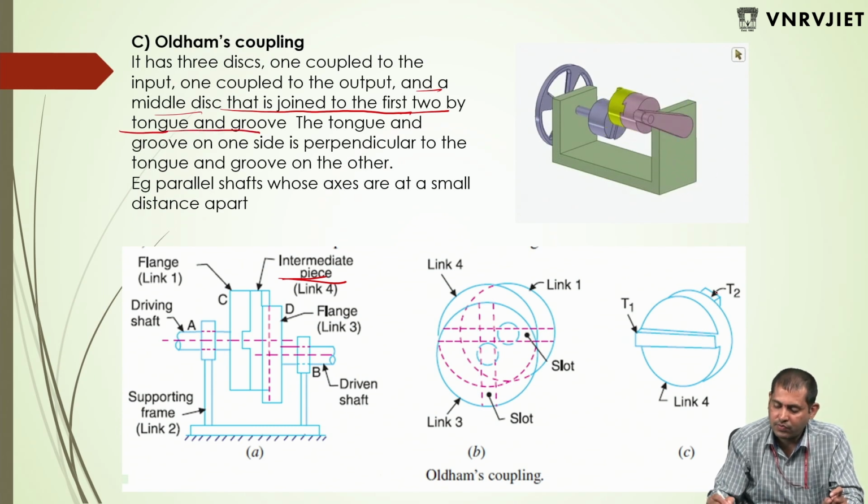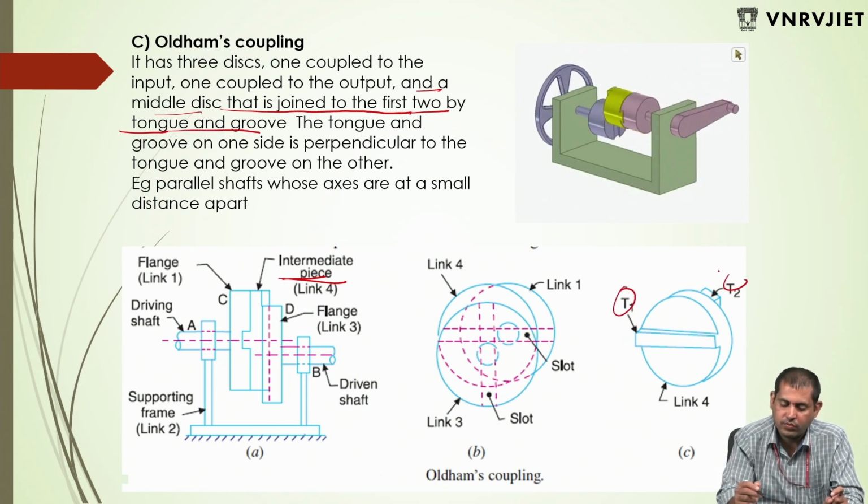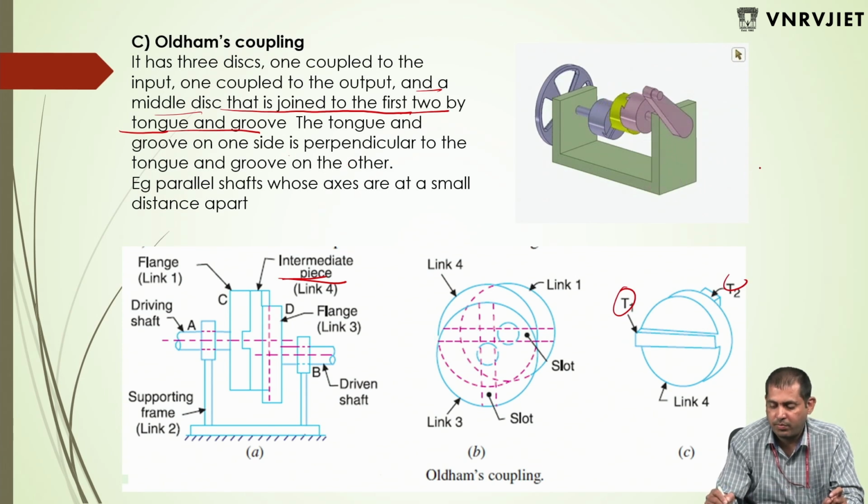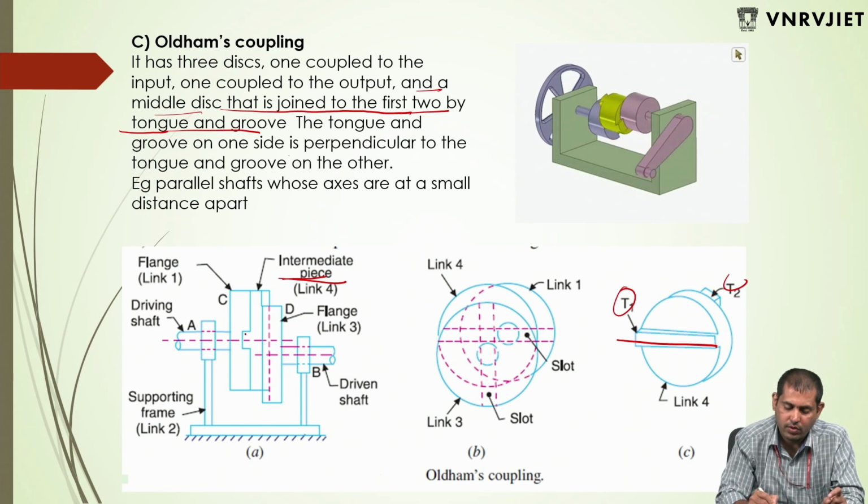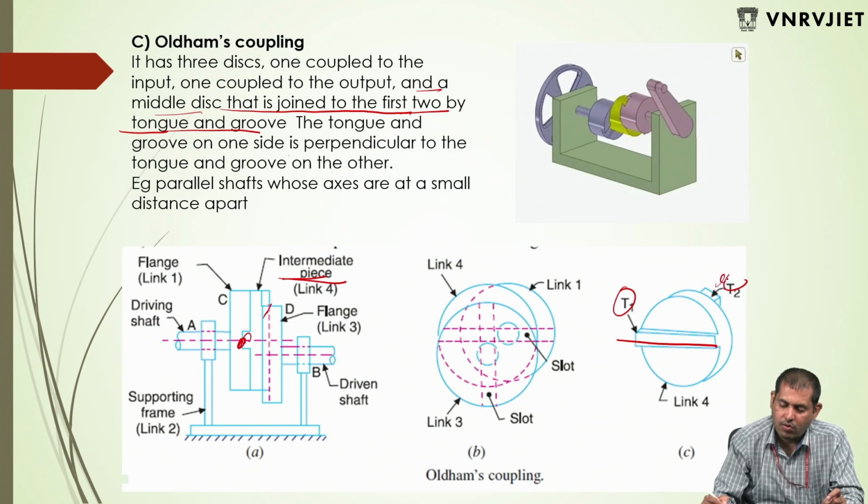The tongue and groove on one side is perpendicular to the tongue and groove on the other side, like a plus shape. So one is in this direction, with groove here, and on the other side, tongue and groove here.